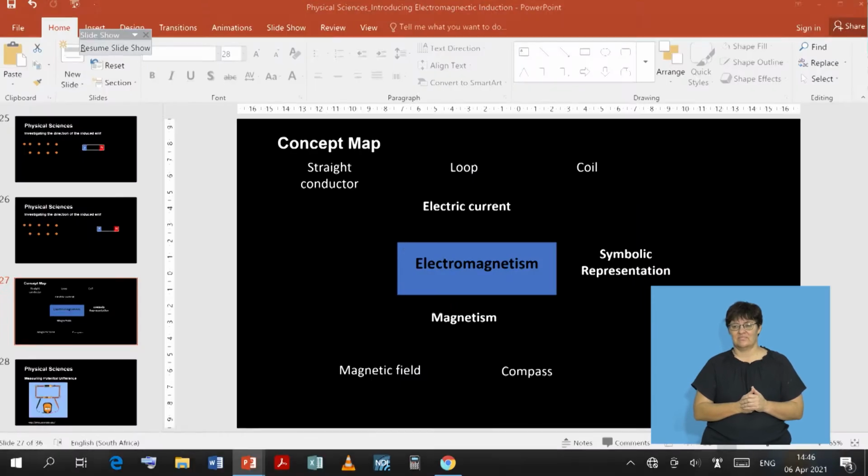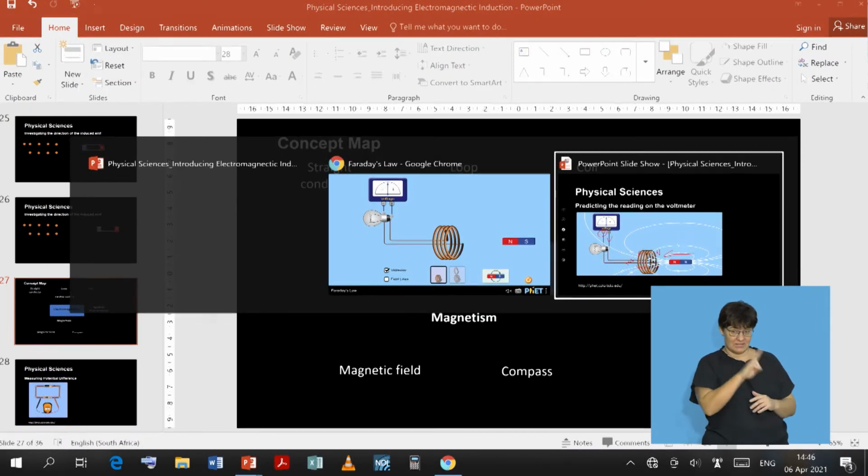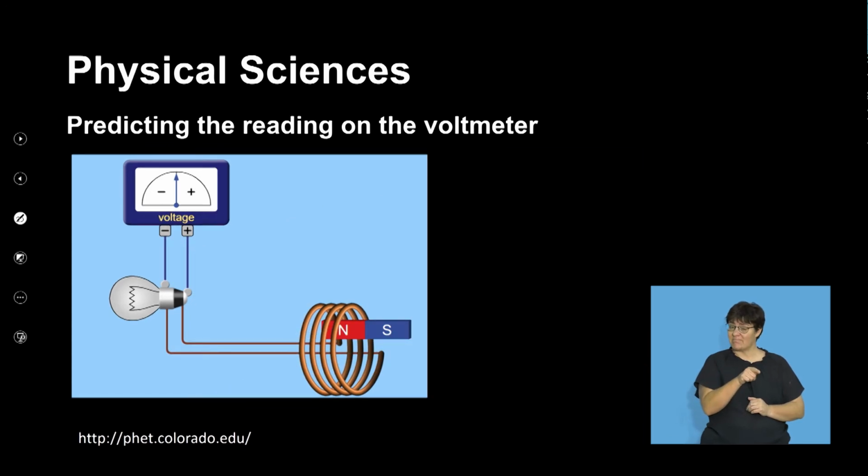So let's go back to our original diagram, and let's have a look at what we're going to do here. So in this scenario, let's predict what will happen, and we're just going to confirm our prediction if we move the north pole in that direction.